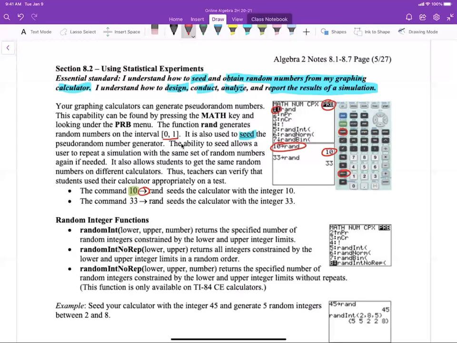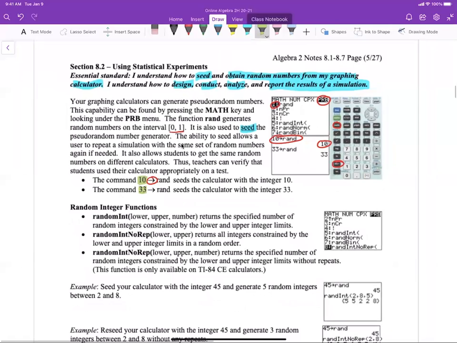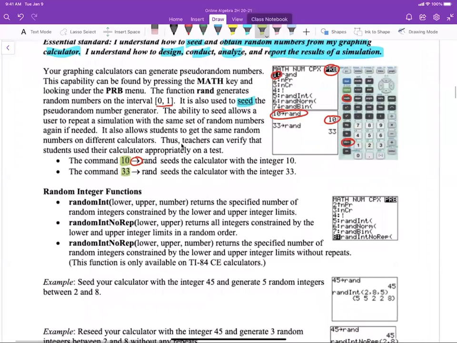We have just seeded our calculator, or told it to start at 10 if we were to generate a list of random numbers. And we would do the same thing for 33. There will be instructions, I'm sure, on a question where you are told to seed your calculator, and you need to know how to do that.